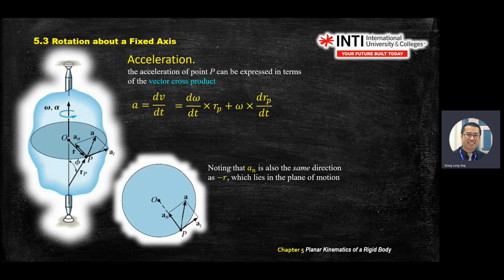These are the cross products of acceleration if you derive. So A equal to dv dt, you know that your V equal to omega r. So you do the cross product. Because in vector, alpha equal to dv dt. What is dv dt? d of omega r over dt.